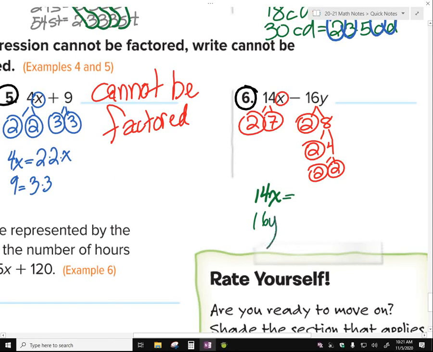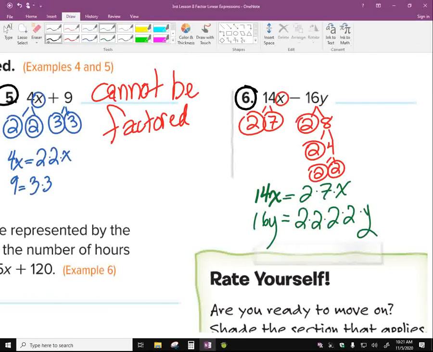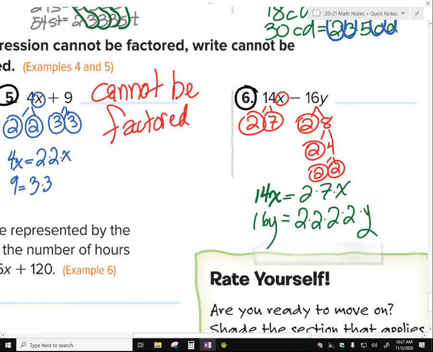14x minus 16y. 2 times 7 times x. 2 times 2 times 2 times 2 times y. I have a common factor of 2.